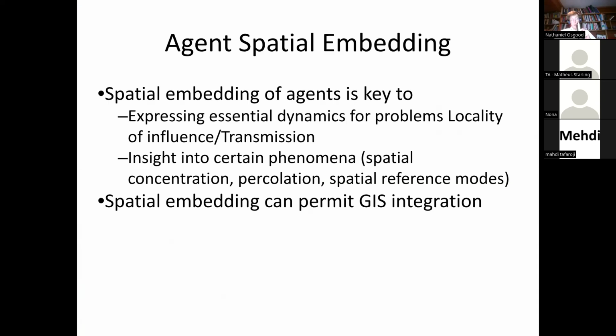Spatial embedding is key for capturing many phenomena, including, say, transmission in an agricultural supply chain, and say in a feedlot, or in the context of individuals that work nearby each other, or people close to each other at home or what have you.